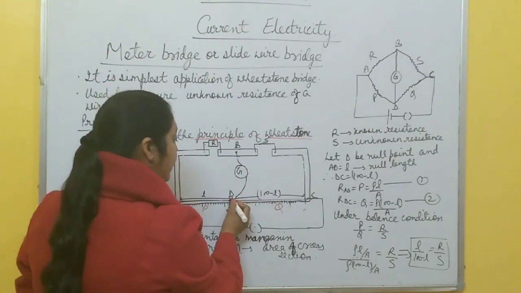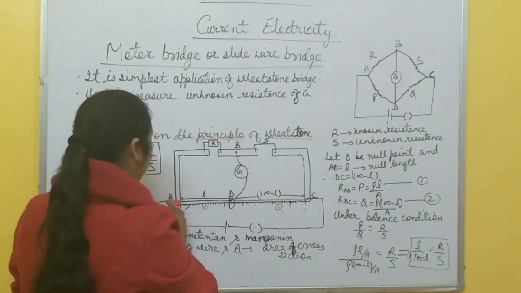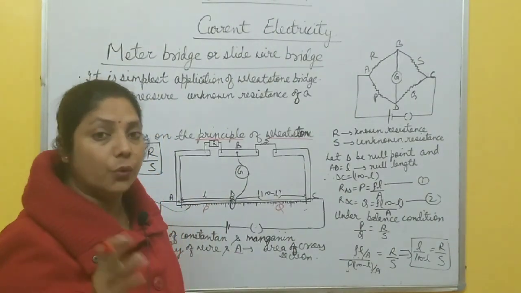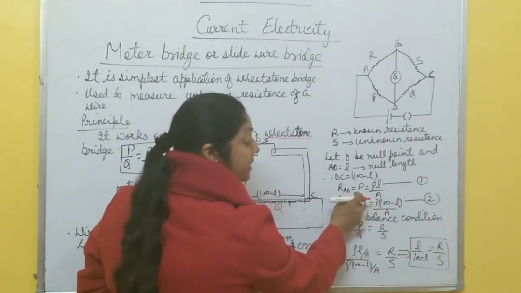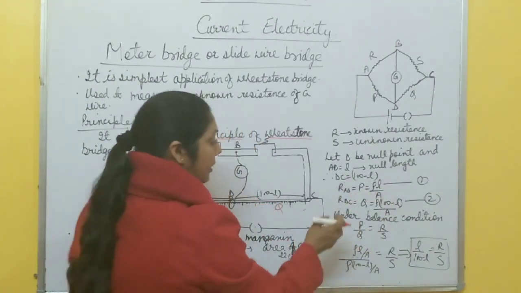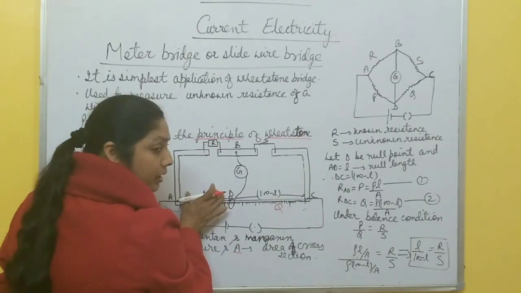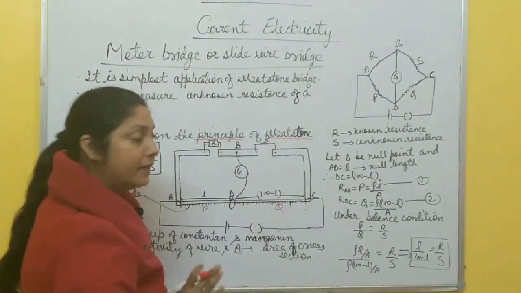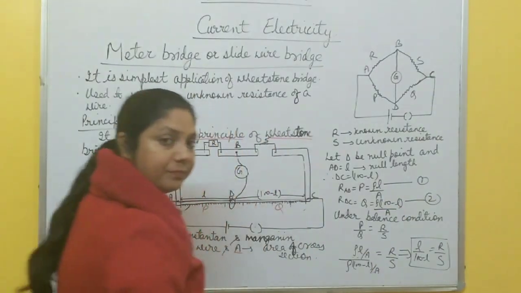So let D be the null point and L the null length, AD equal to L. Now you know resistance is rho L by A. So resistance along AD is P equal to rho L by A. Now along DC, the total is 100 centimeter, so DC is 100 minus L. So its resistance Q equal to rho (100 minus L) by A, right?